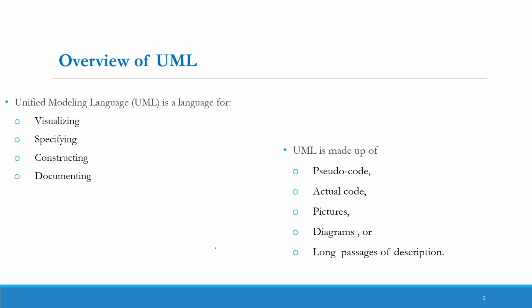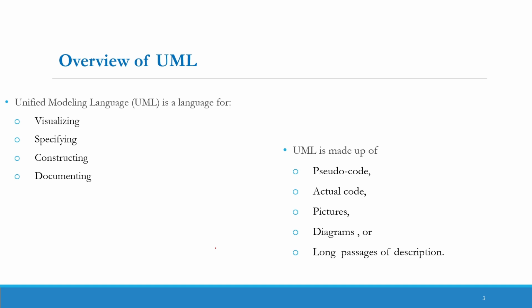So let's talk about an overview of UML. UML is a language that is used by system developers to model the system. The Unified Modeling Language is a language for visualizing, specifying, constructing, and documenting software.